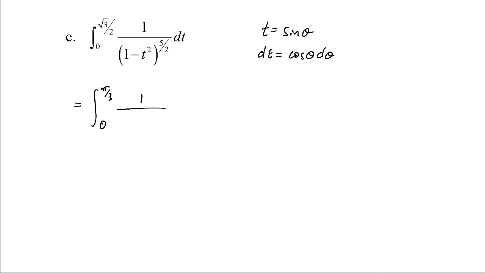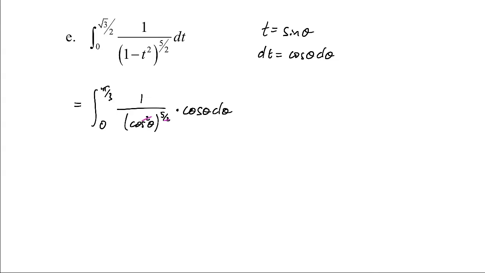So this will be 1 over, I'm going to go ahead and write this one out. 1 minus sine squared is cosine squared. So cosine squared, just to remind you guys of fractional exponents, to the 5 halves, times cosine theta d theta for my dt. Then I will have cosine to the 5th down there.